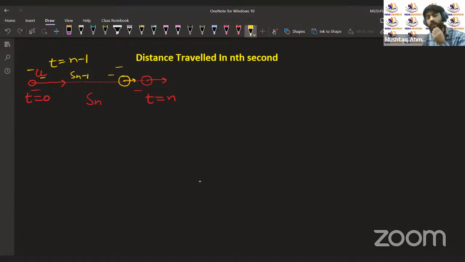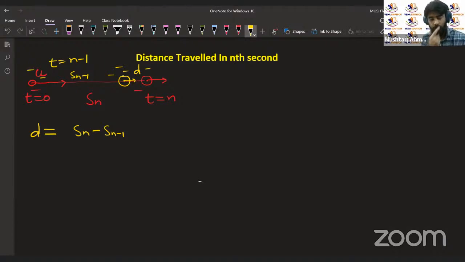So the distance traveled by this particle in the last second, or nth second, let's suppose that's equal to d. That will be equal to Sn minus S of n minus 1, right? So this will be the distance traveled by this particle in the nth second. In time t equal to n seconds, the particle travels a distance of Sn, and in time t equal to n minus 1 seconds, the particle travels a distance of Sn minus 1.